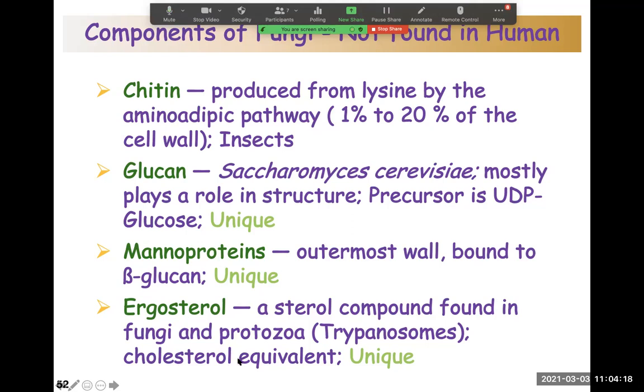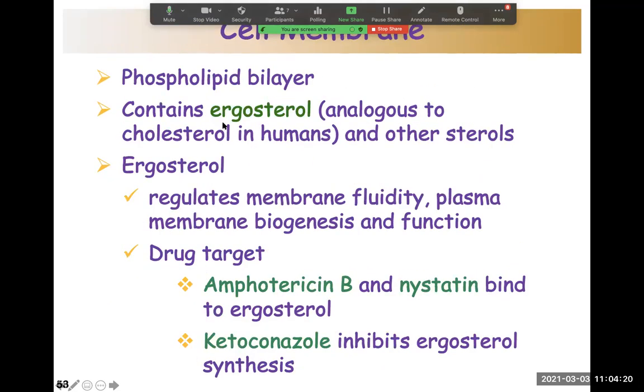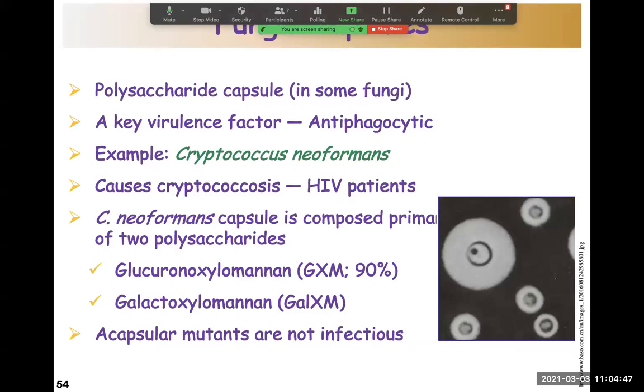It's somewhat similar. And so you can imagine ergosterol has become a major drug target, and there's amphotericin B, nystatin, or you can have ketoconazoles. If you have ever had a fungal infection, you've probably been given these creams to protect, and usually it's topical. Many of these have very severe toxicity.